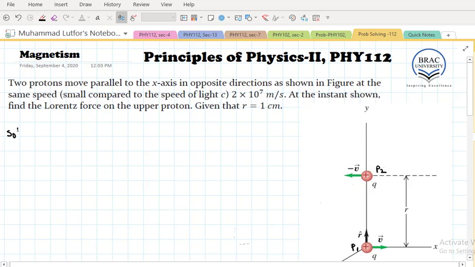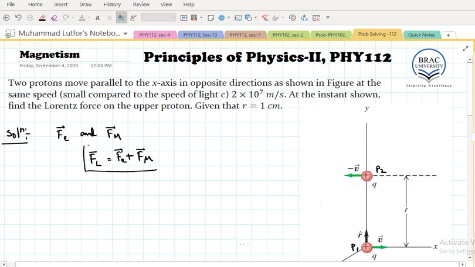We know that the Lorentz force is the sum of the electrostatic force and the magnetic force, right? So we can write the Lorentz force F_L as the electrostatic force plus the magnetic force.